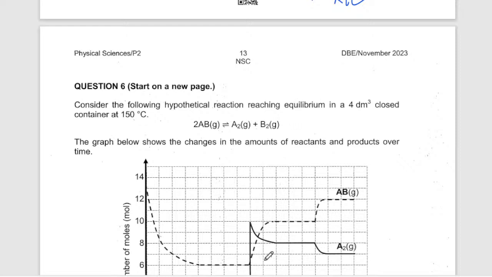Basically, when you increase the temperature, you're increasing the kinetic energy of the system, which leads to more effective collisions per unit time, and this increases the rate of reaction. That's what you're supposed to link.